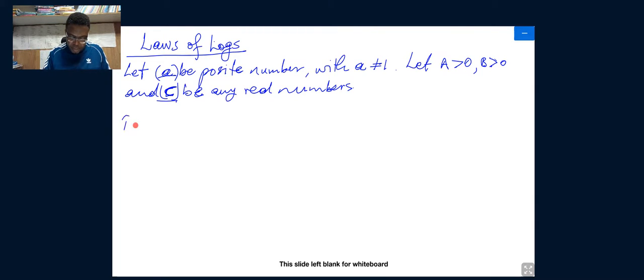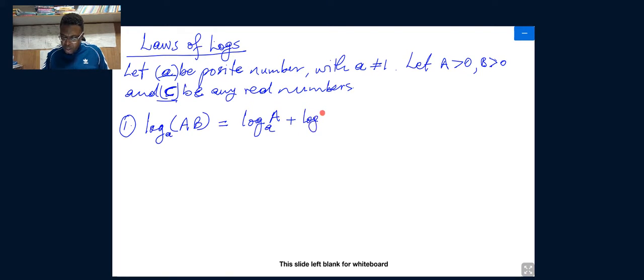Law number 1. This is a log of a product of A and B, which is equal to log A base A plus log B base A. When you look at this, you remember when we were doing exponents, we were adding the exponents on the condition that the bases were similar.